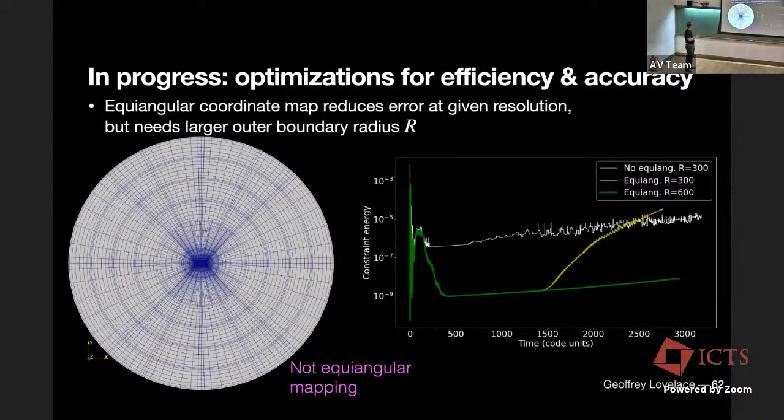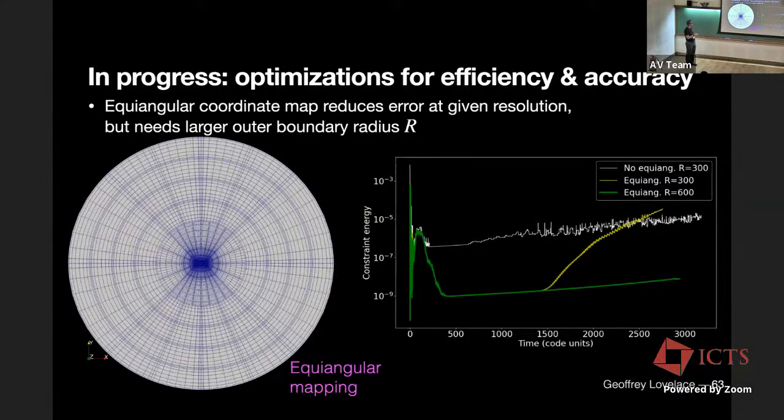So each element started out as a logical cube, and there was some coordinate map that converted the logical coordinates psi, eta, and zeta into x, y, and z. This map is called no equiangular in the plot.